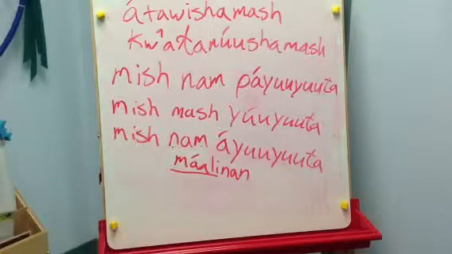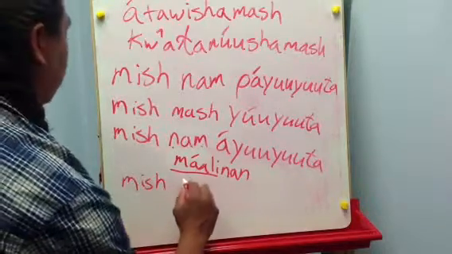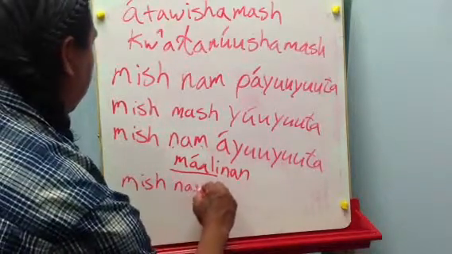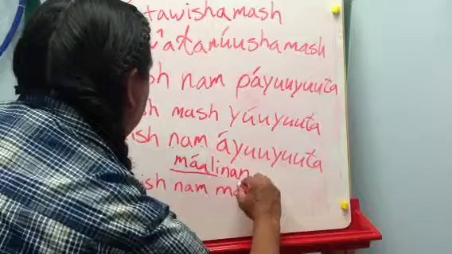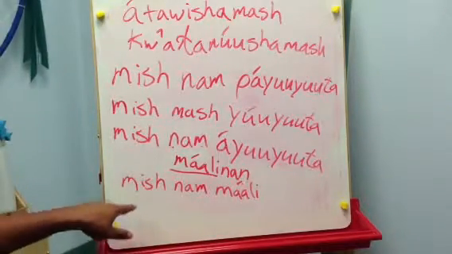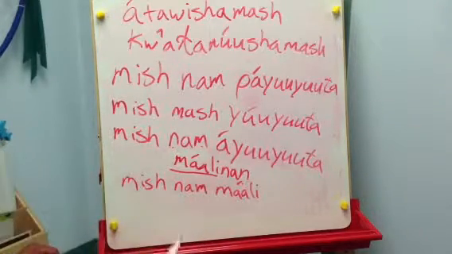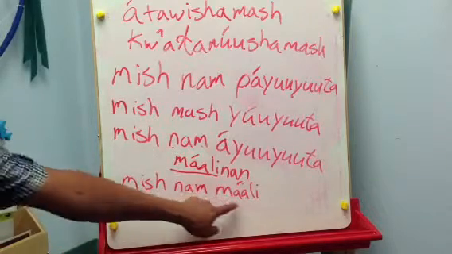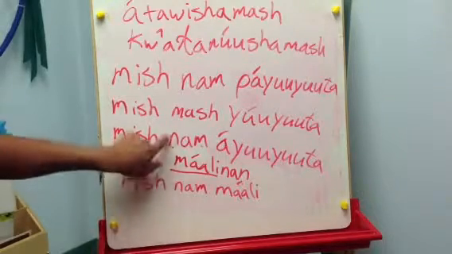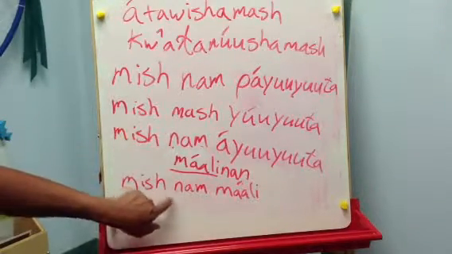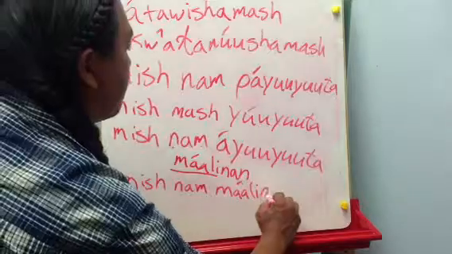Now if this was reverse, and will Mary call you? For will Mary call you, you don't have non after Mali because she's no longer the object. Now she's the subject. Num is the object now. Whether it's subject or object, it still shows up as num. So for will Mary call you, Mishnam Mali, you have to add a num.